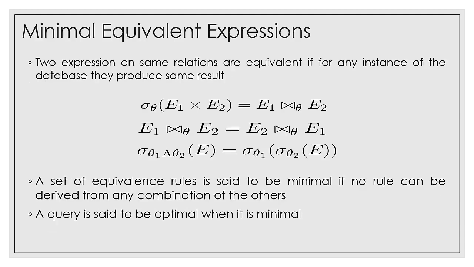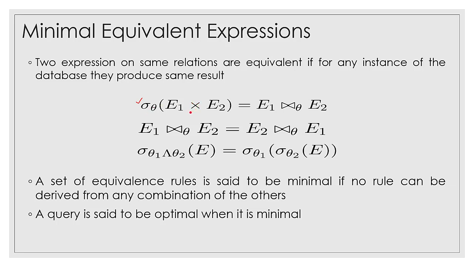Now let us discuss the equivalent expression. Two expressions on the same relations are equivalent if for any instance of the database, at any point of time, for any data, the relational algebra produces the same result; then we are going to say that these two expressions are equivalent.